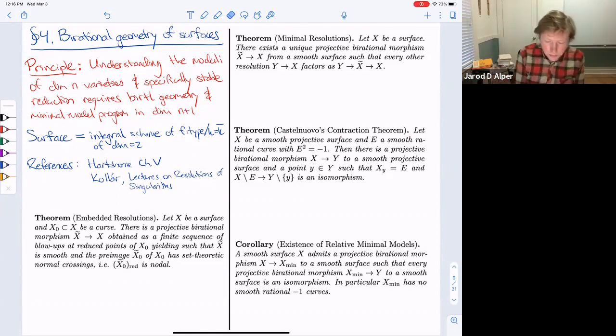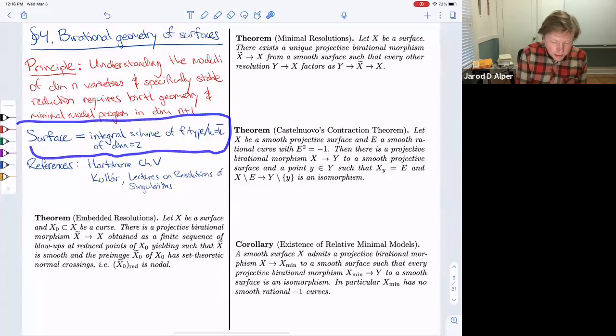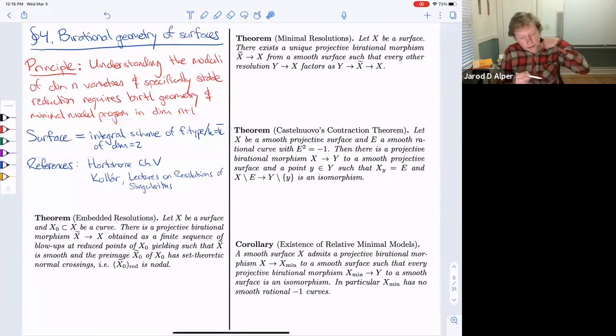Right, and so here, by a surface, in the statements below, I just mean an integral scheme of finite type over a field of dimension 2. But we apply this to curves over a DVR, and it also works in that setting.